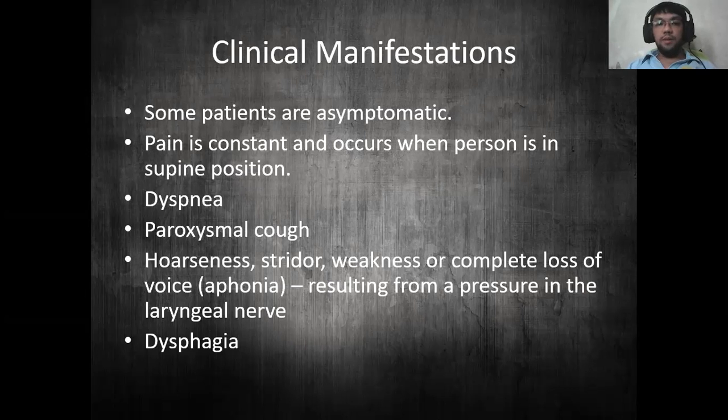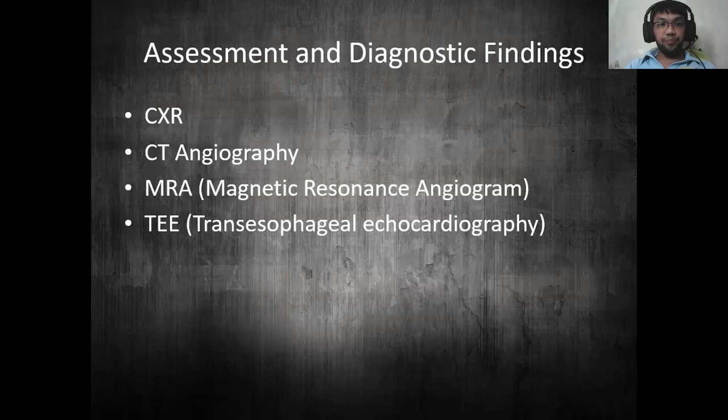Hoarseness and stridor might be heard from the patient, and weakness or complete loss of voice, aphonia, resulting from pressure on the laryngeal nerve brought about by that bulging in the thoracic aorta. Dysphagia as well, because that aorta can exert pressure on the esophagus of the patient. That's why there's difficulty of swallowing.